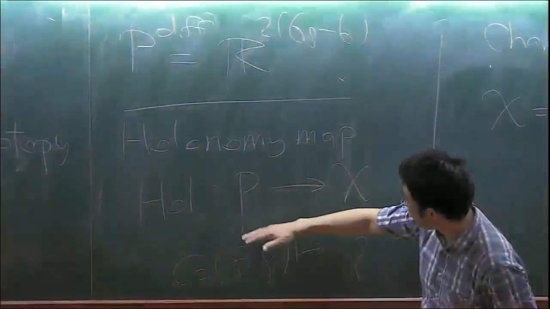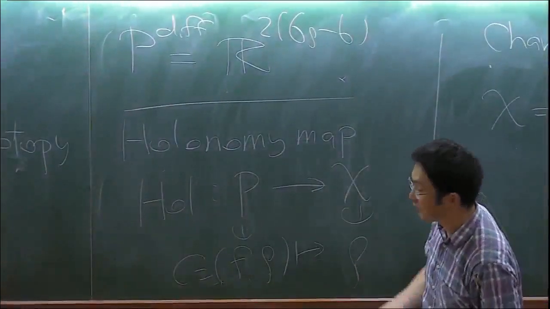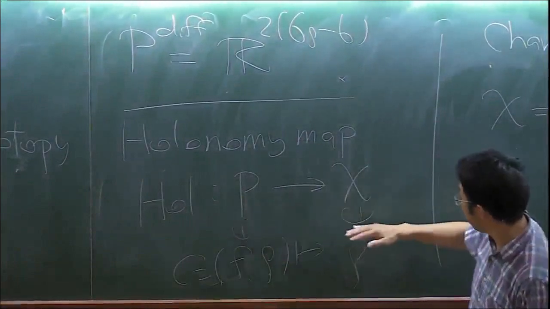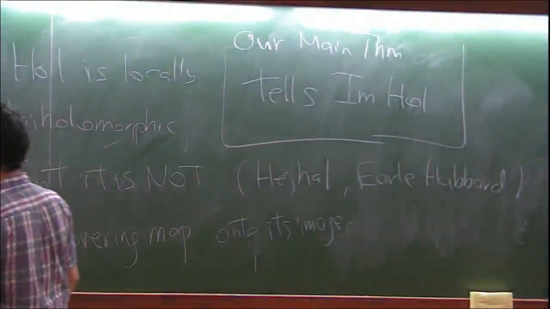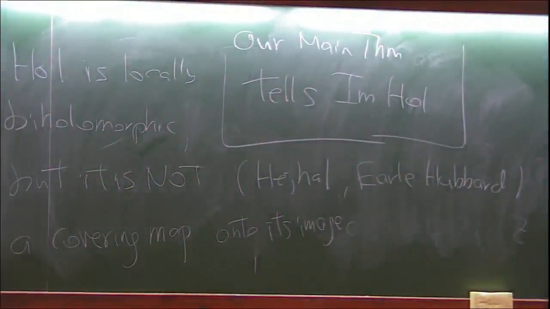The domain of the holonomy map is an analytic object, a Riemann surface and a holomorphic quadratic differential, and then the target is something quite algebraic, and the main theorem tells the algebraic condition for the image of this holonomy map.